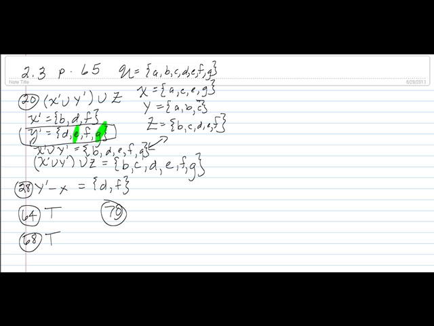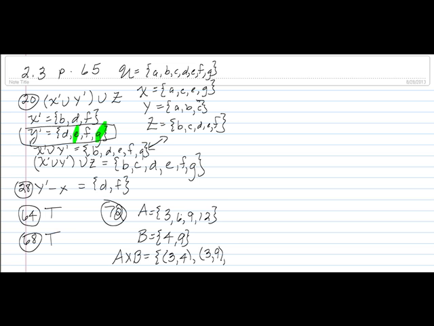Alright, let's do 72. The set A contains 3, 6, 9, and 12. Set B contains 4 and 9, and we're to find the Cartesian product A cross B and B cross A. So when we do A cross B, we want to match 3 with each of the elements in B. So (3, 4) and (3, 9).